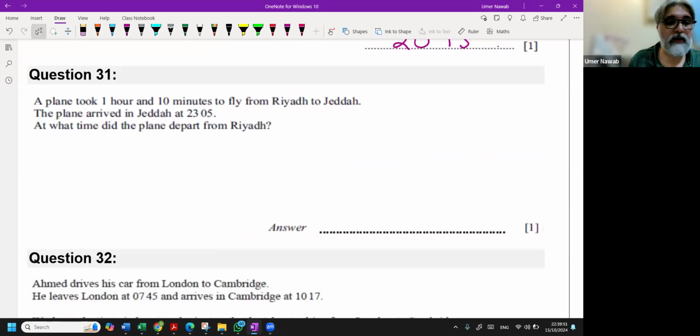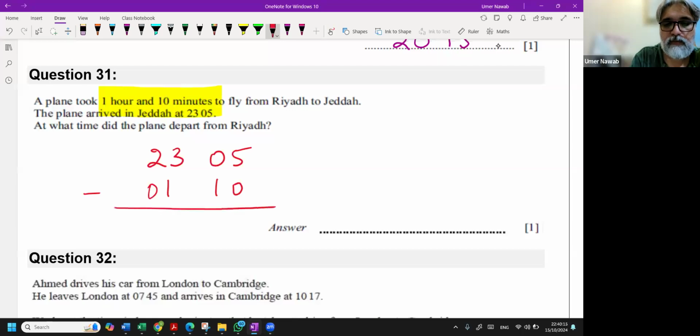Question number 31. A plane took 1 hour, 10 minutes to fly from Riyadh to Jeddah. The plane arrived in Jeddah at 2305. At what time did the plane depart from Riyadh? So again, I want to find the starting time. 2305 is the ending time. I need to subtract 1 hour and 10 minutes from it.